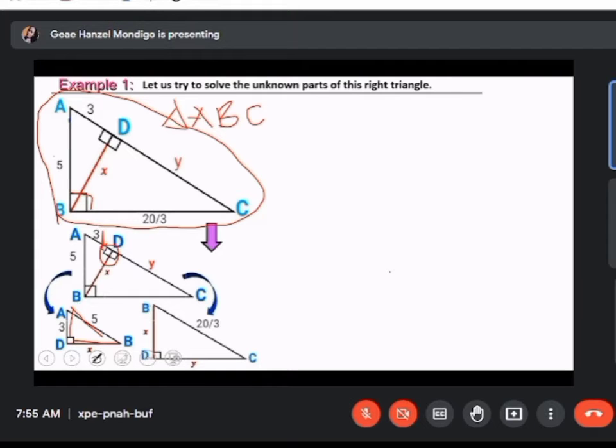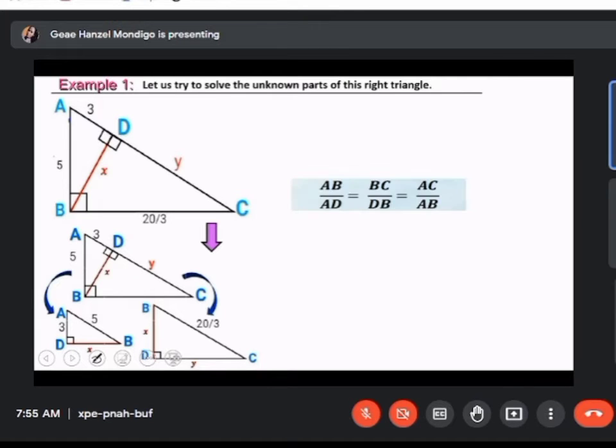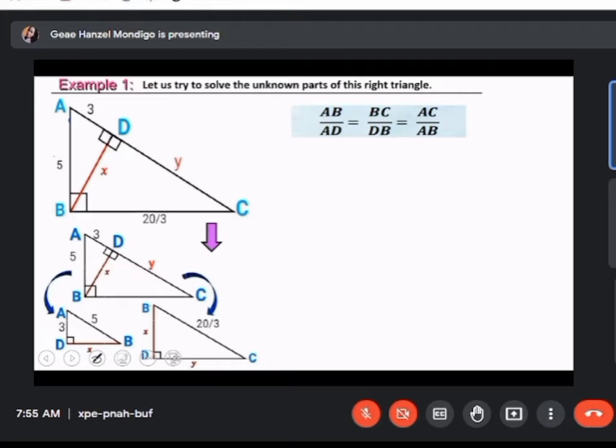If you now separate this original triangle into the smallest and the biggest triangle, then we can find the value of our x and y, right? So the first step is we're going to create a proportion between the original triangle and the smallest triangle cut out.